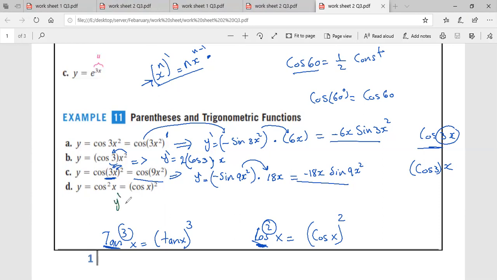Why? The derivative of this one will be the power, or the exponent, to multiply cosine x. I have not finished the answer. I have to multiply by the derivative of what is inside this one between two brackets, which is negative sine x. It will be, as you see, negative 2 sine x cosine x.